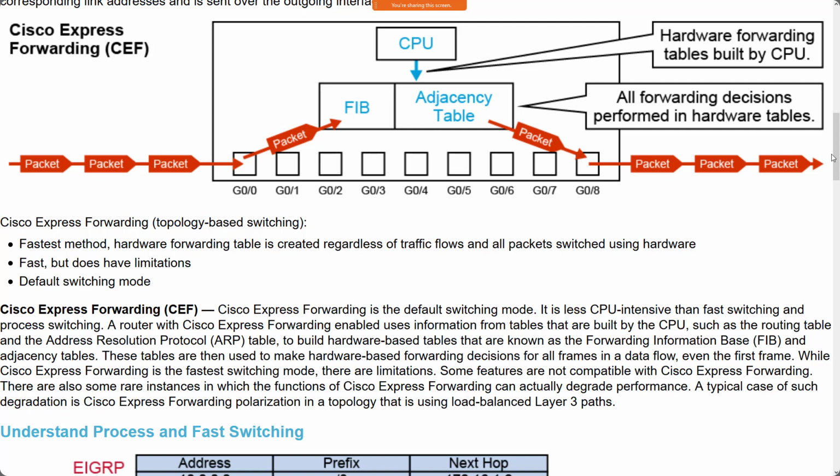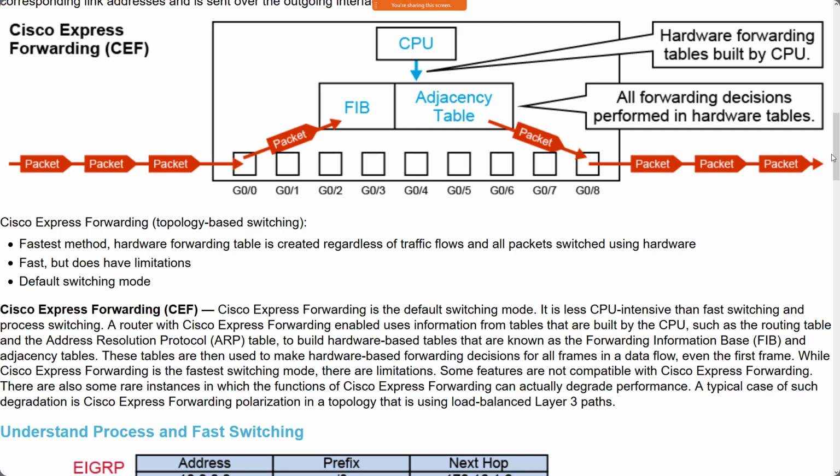This is related to a test question. A forwarding information base, which is essentially a cache of my routing table, and an adjacency table, which is basically a cache of my exit interface and next hop MAC address, etc., that I would need to have available to do my frame rewrites and so on as the data moves through the data plane.